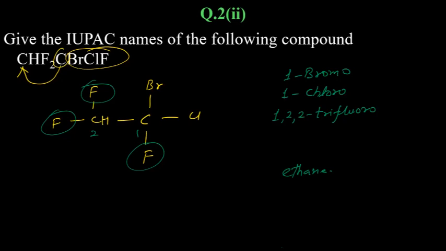Okay. Now arrange them in alphabetical order. B, C, and F. B comes first, chloro C comes second, and fluoro F will come last.